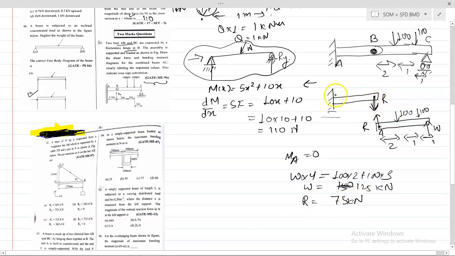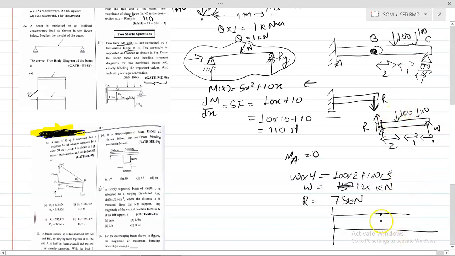So this is a cantilever beam. You can simply draw the shear force diagram for the cantilever, and you can say that this is 75 up to here. At this point you have R equal to 75. Now you move ahead, and it is also 75, because up to this point where the load is applied it is 75.